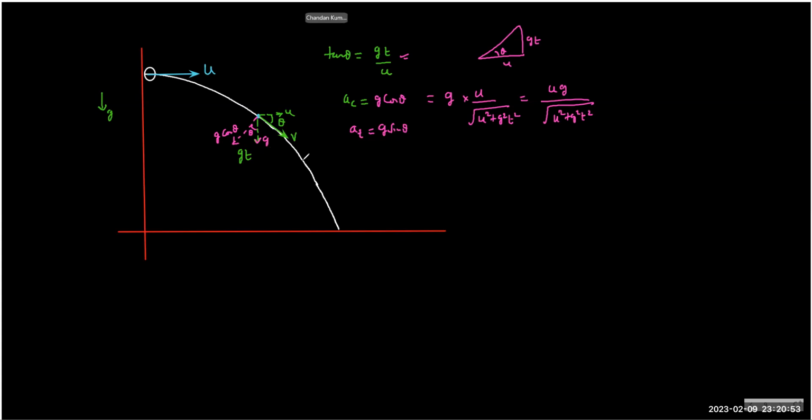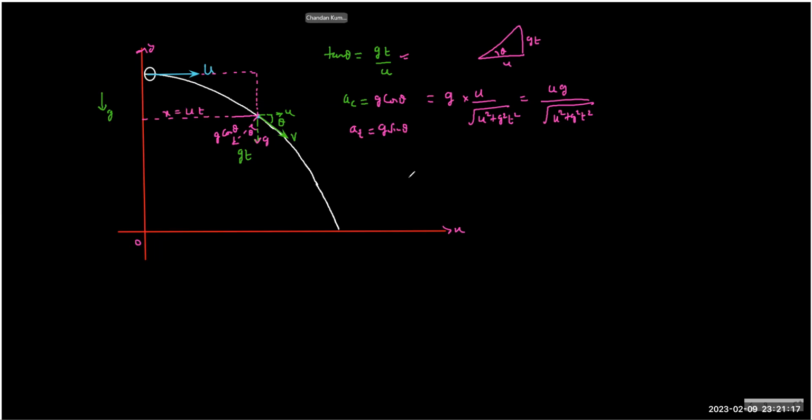And not only this, if I say this as the x-axis, and this the y-axis, and this the origin, then in time t, how much will you go ahead? Your horizontal movement is how much? u t. And this is your x coordinate.